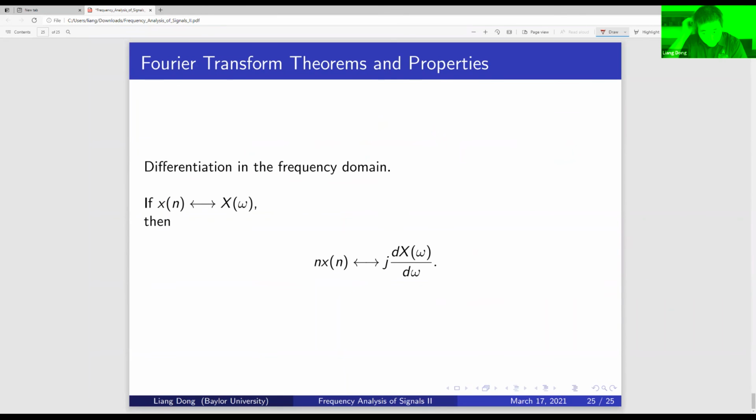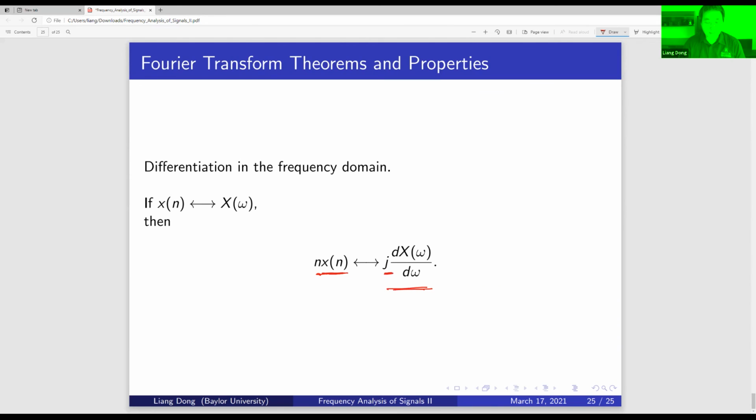Lastly, if I have a differentiation in the frequency domain, that becomes, in the time domain, my signal multiplied by the time variable n. So n times x n. Using the Fourier transform equation, we can prove that in the other domain, the frequency domain, it's a differentiation, the derivative of capital X with respect to omega.